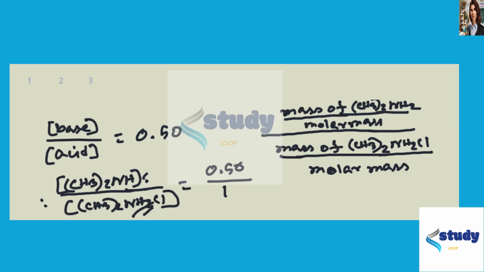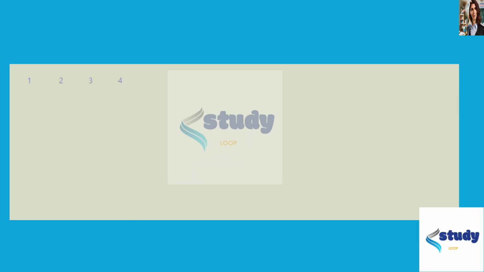So this will be equal to this ratio here again, and then if we put the molar mass values of these two, we'll have the equation as mass of dimethylamine over its molar mass.